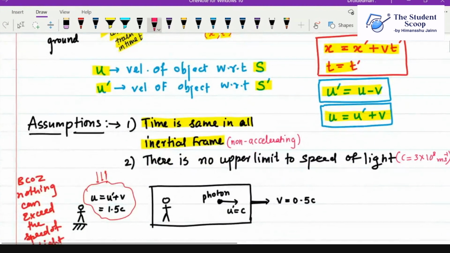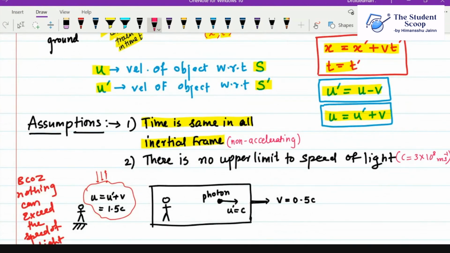Okay, just to show you how the violation works. Imagine instead of a ball there is a photon. Now this photon is already moving at, let's say, u dash is equal to c as measured by him. Okay, and if the train itself is going at a speed of 0.5 c according to the person on the ground, u dash plus v gives you 1.5 c. Now this number is problematic.